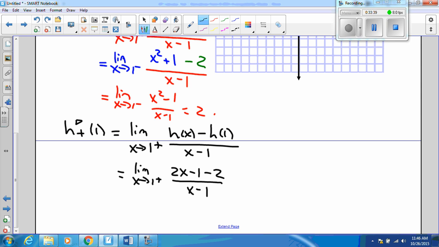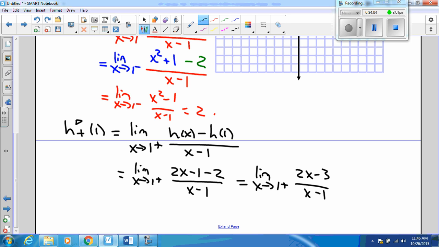And now something very strange happens, and this answers Peter's question. We get the limit as x goes to 1 from the right of 2x minus 3 over x minus 1. Do you see something that is unusual about this limit? What do I not have?